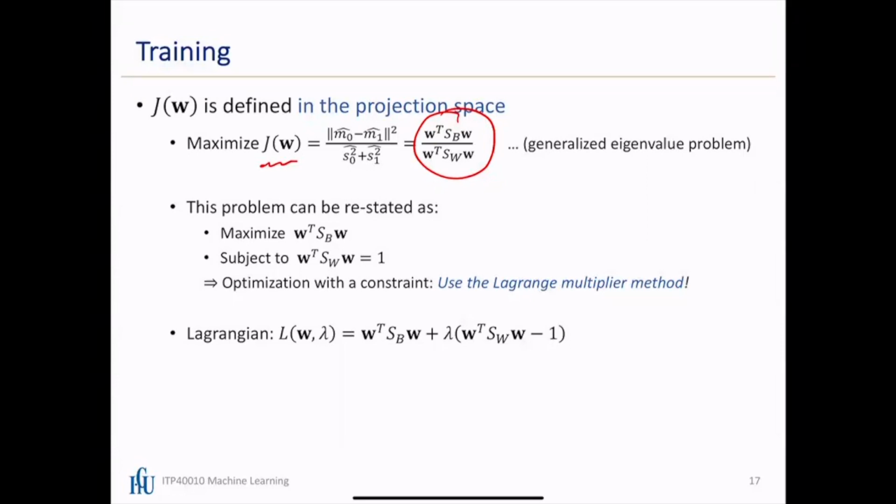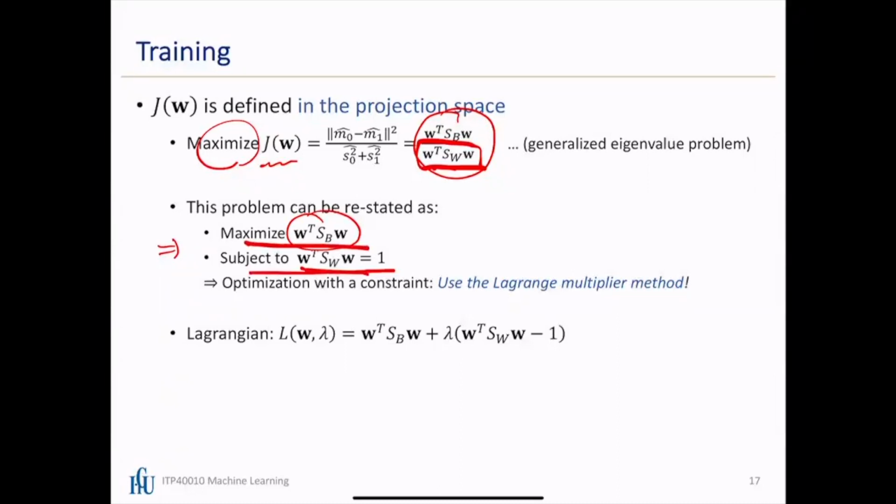And given this quantity and the goal, we can rewrite this problem as: maximize the numerator. And we came up with this constraint, so the denominator, the one in the bottom, should be equal to 1. So we have a maximization goal and a constraint.